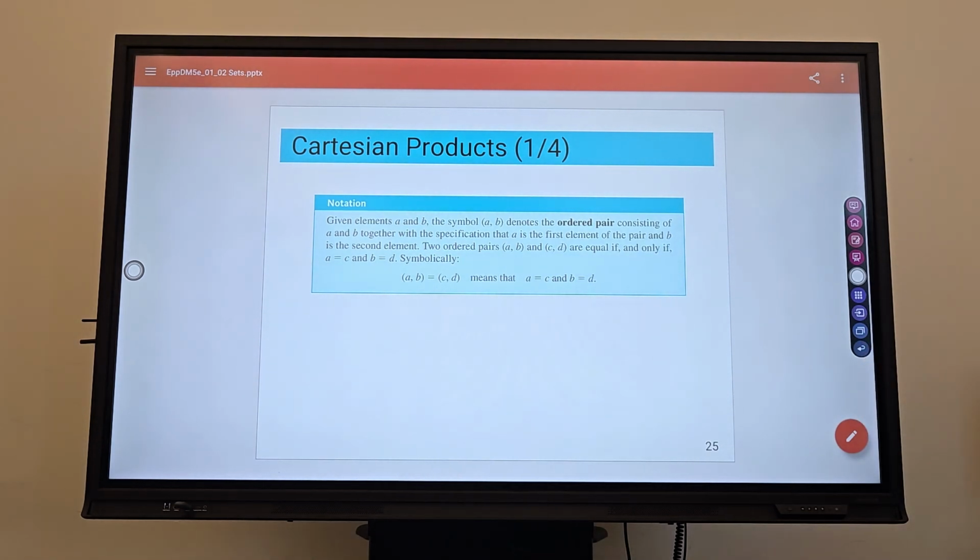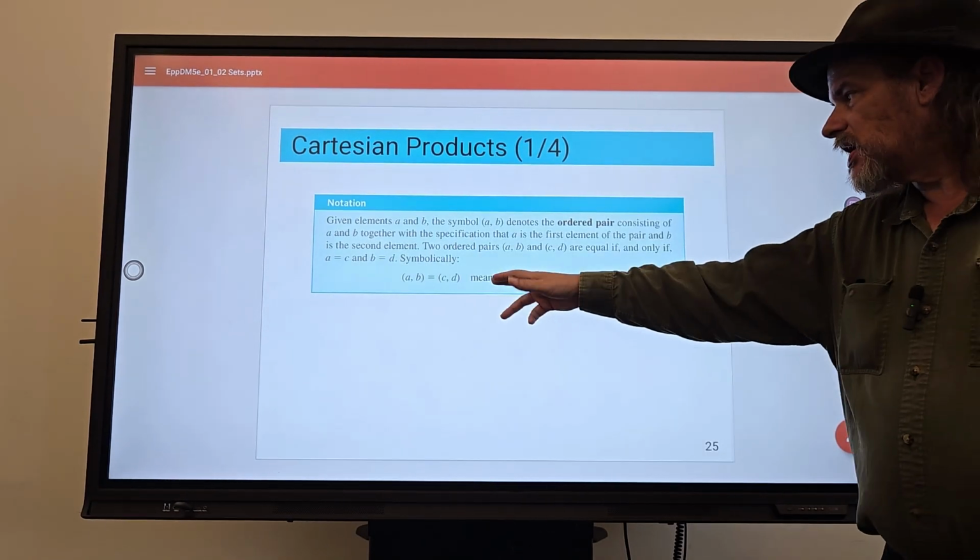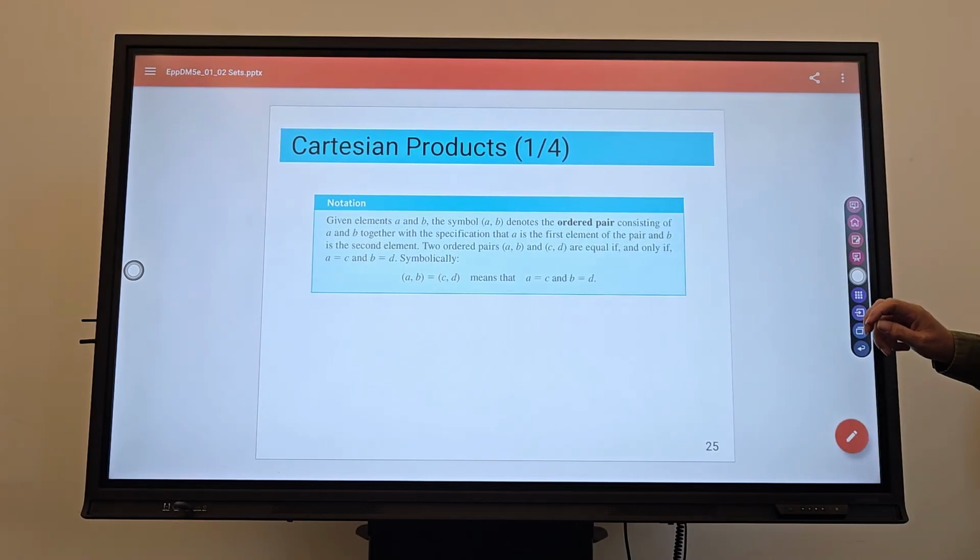Two ordered pairs (a, b) and (c, d) are equal if and only if a is equal to c and b is equal to d. It means this here symbolically.